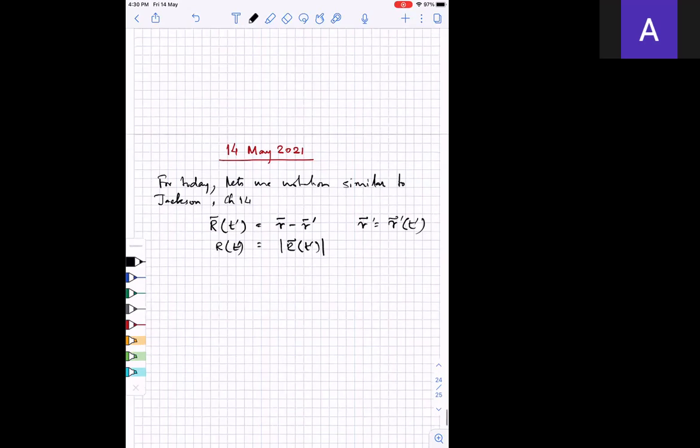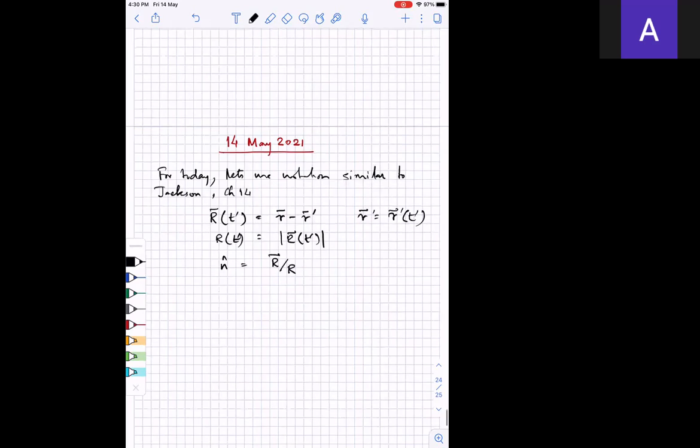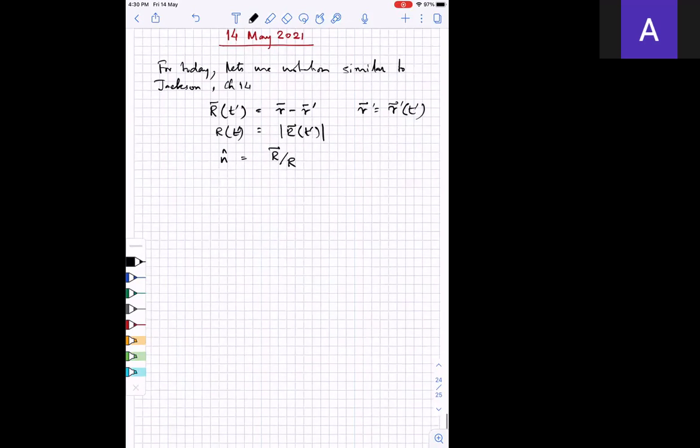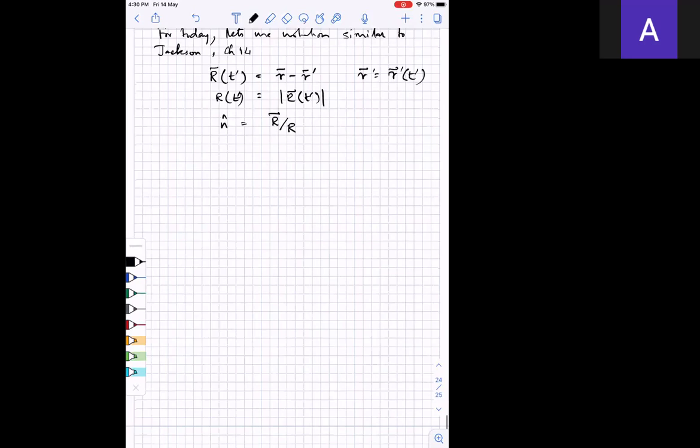Also, we'll define the direction by taking n cap, which is this by this. And then in this notation, we can write down the linear Liénard-Wiechert fields for a point particle.